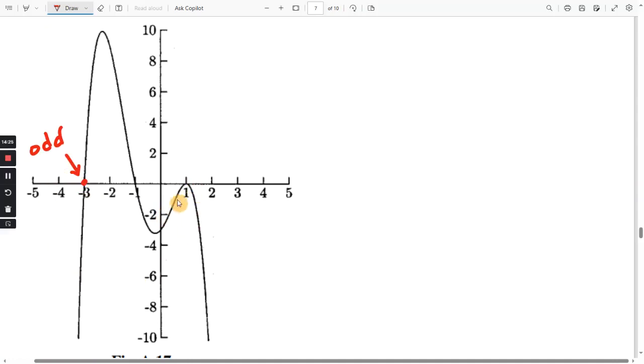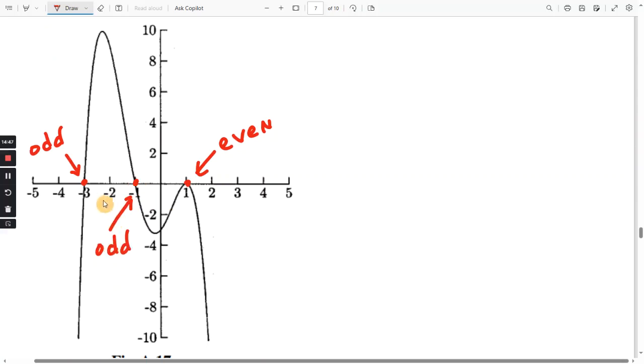However, when the graph bounces off the 0 and turns around and goes in the opposite direction, that 0 is going to be even. That wasn't in this book so far. We did that on Khan Academy. So this one here, see it goes right through. That one is also going to be odd.